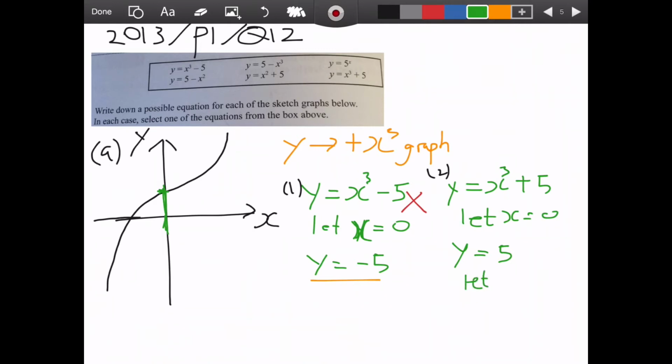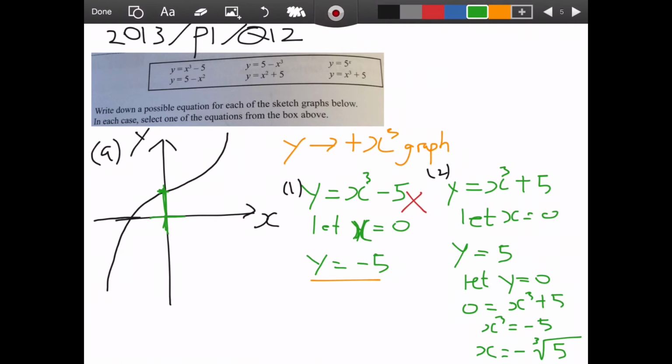How about we try again? Let y equal to 0. This time, what is x cubed? Put 0 equals x cubed plus 5, so x cubed equals minus 5, and x equals minus the cube root of 5, right? So when y equals 0, x is a negative number. Let's check it out.